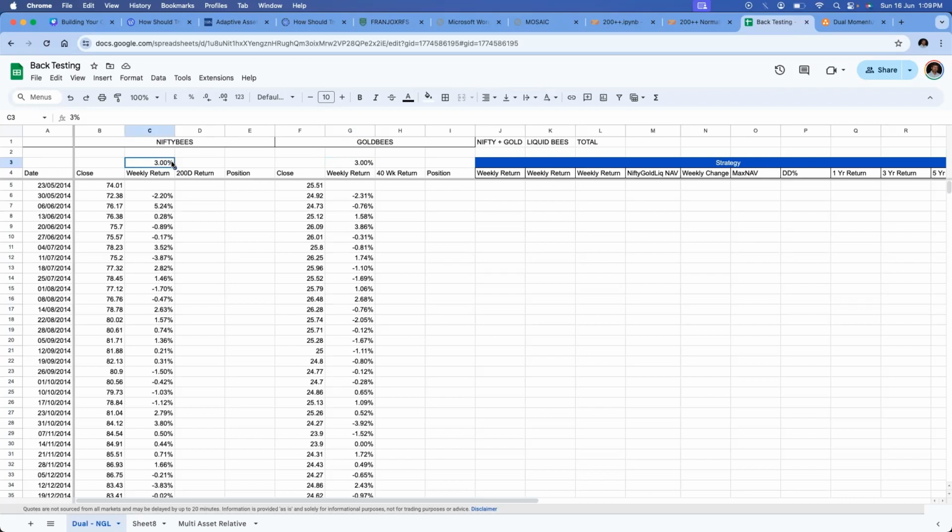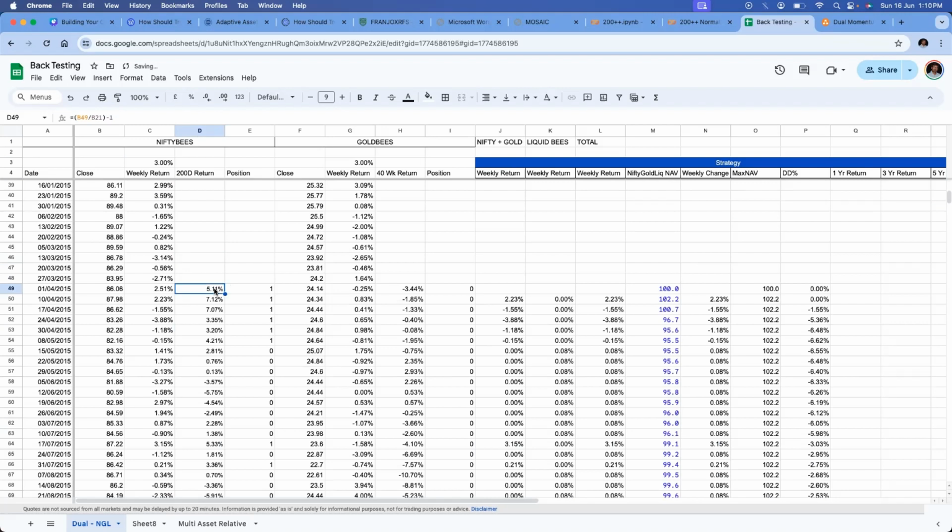Now what I'm going to do is compare the 200-day return of Nifty with this 3%. So to get the 200-day return, we need to compare these 3% returns of FDs with Nifty BeES's 200-day return. To get the Nifty BeES 200-day return, let's start from 1st of April. So I am dividing B49 by B21 minus 1.